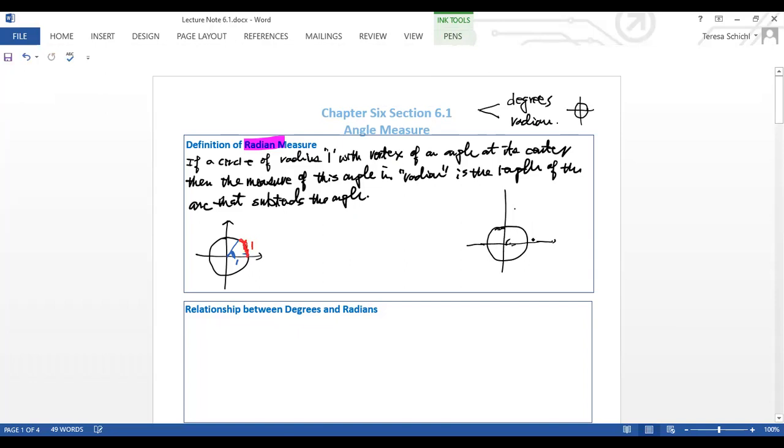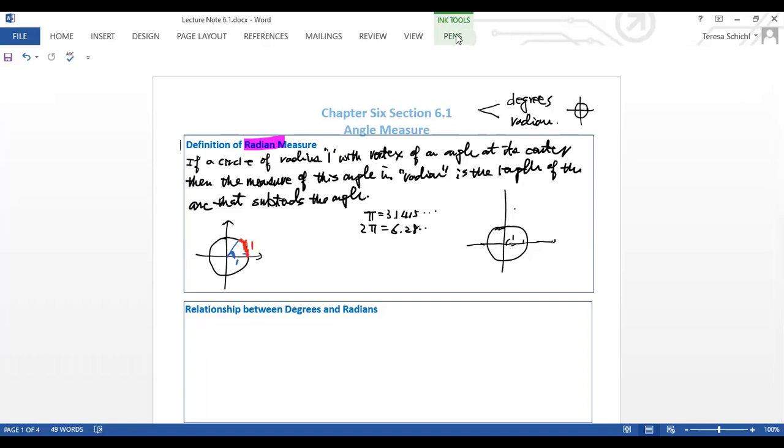This is your unit circle, and the radius is 1. We know pi is equal to 3.14159 and so on. If you multiply by 2 pi, this will give you 6.28 and so on. So what does that mean?